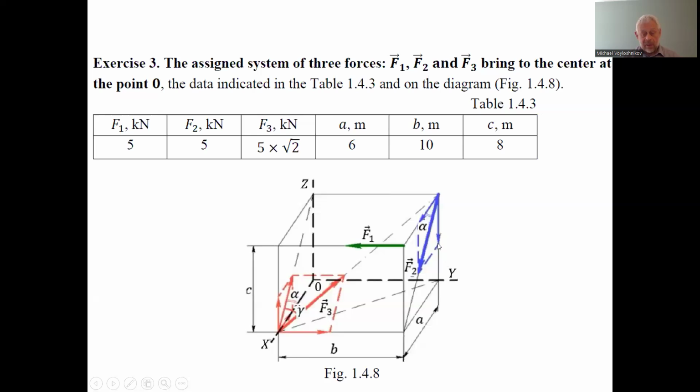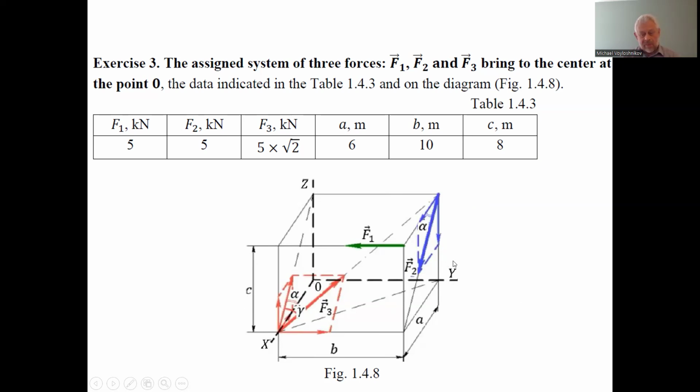It rotates clockwise, so minus sign, and we multiply by the arm B. The horizontal component does not cause a moment relative to the x-axis. And the force F1 causes a positive moment, and the arm is C.